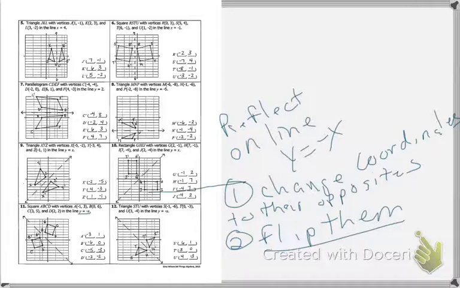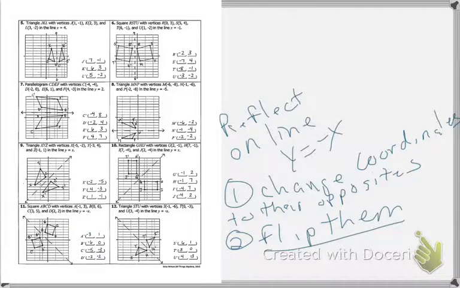Notice on number 11, A, first thing we do with A is we do the opposites of the coordinate of A. So negative 1 becomes positive 1, positive 3 becomes a negative 3, and then we flip. Bam, bam.